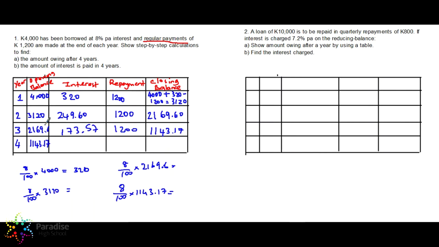So 8% of that amount will be, so we calculate our interest. Our interest will be 91.45 kina. So you pay 1,200.